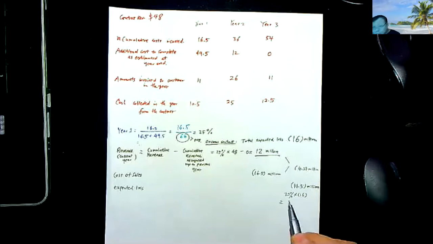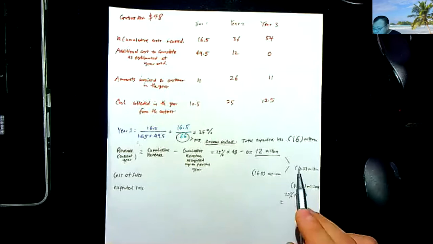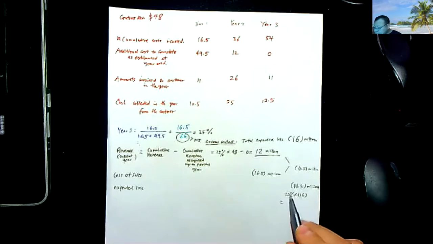So that's going to be 75, yes. So that's going to be 4.5. So the expected loss in the future is going to be 12.